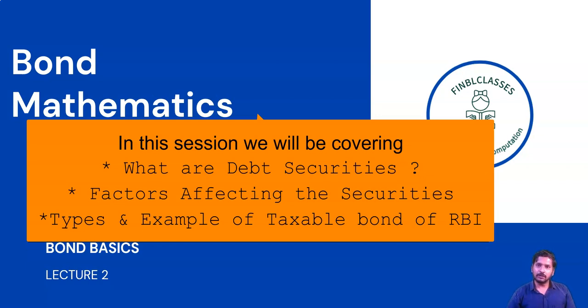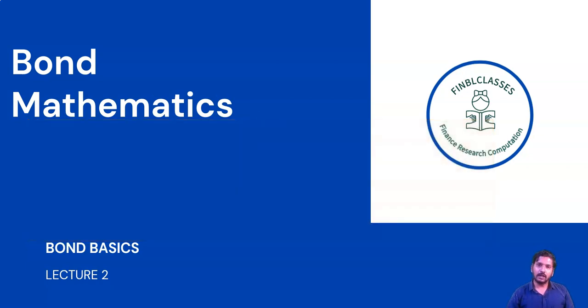The debt securities have a maturity date and a face value that we have already discussed in a previous session. Now we know that the bondholder or the investor has lent money to the issuer by buying the securities.